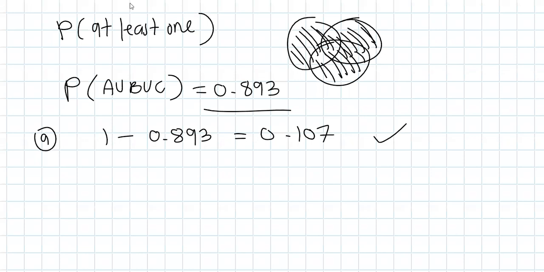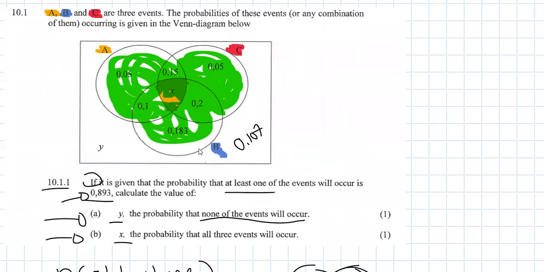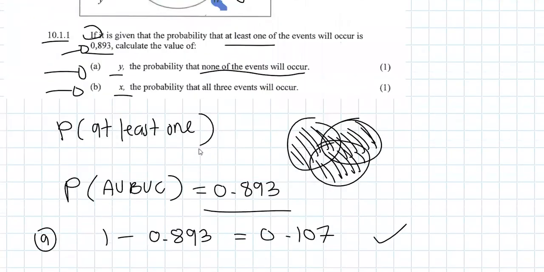So we can take our probability of A or B or C, which was given as 0.893, and just minus all the other values that were given inside here. 0.05, another 0.05, another 0.15, a 0.2, a 0.1, and a 0.183.